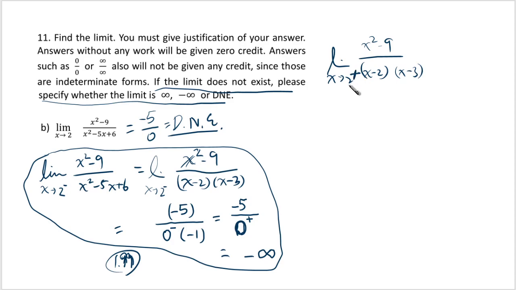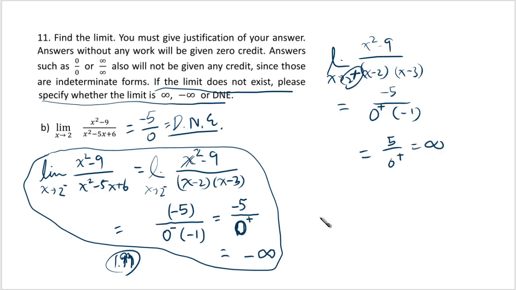Then if it's 2 plus, then 2 plus minus 2 will be slightly bigger, right? Still, the other one is 2 minus 3 is negative 1, 2 squared minus 9 is negative 5. So negative over negative is positive, so you get 5 divided by 0 plus, which is positive infinity.